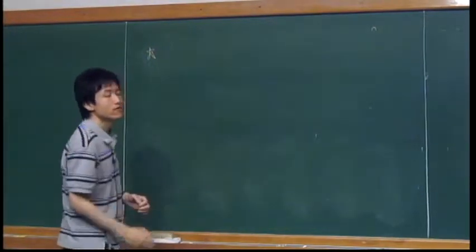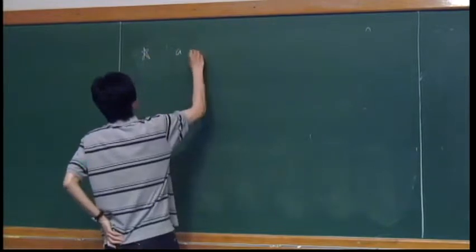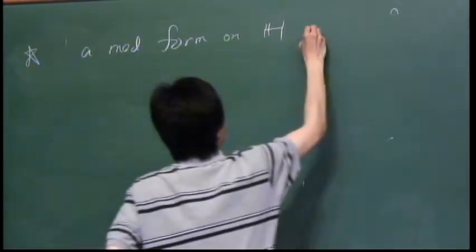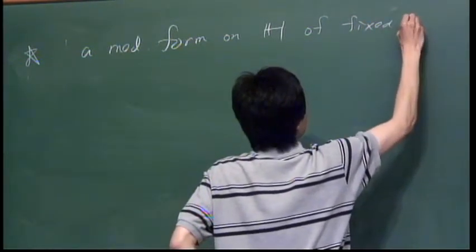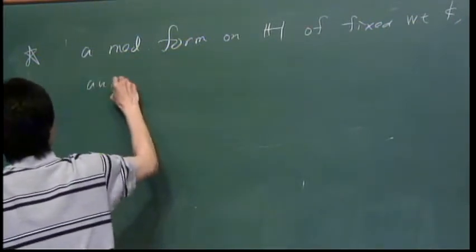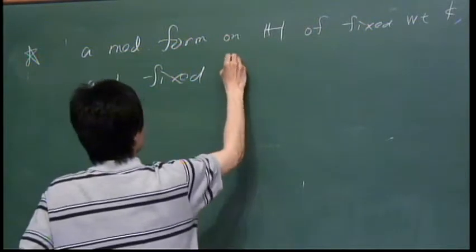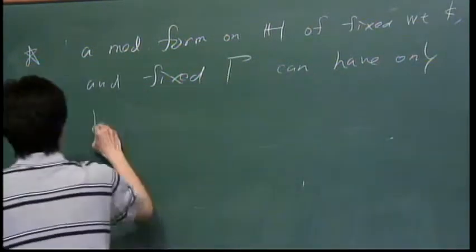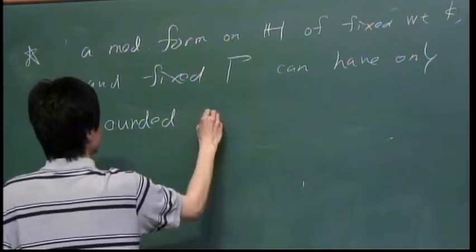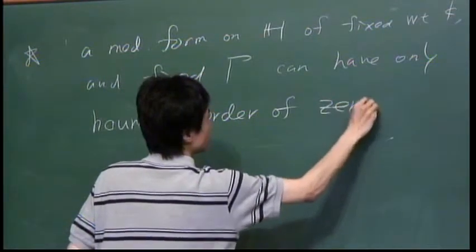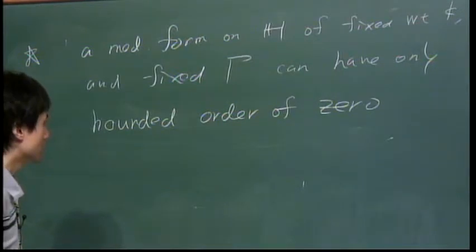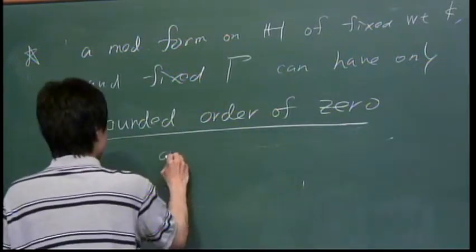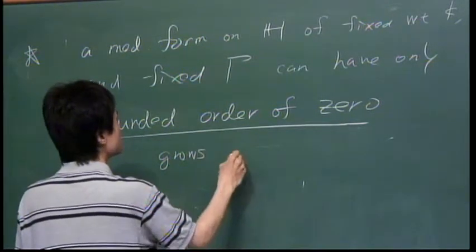Now, by the basic theory of modular forms of one variable, a modular form on the upper half plane of fixed weight, say k, and fixed arithmetic group, say gamma, can have only bounded order of zero in, say, the interior, because this is a section of a line bundle, and this bounded order grows in first order of the weight.